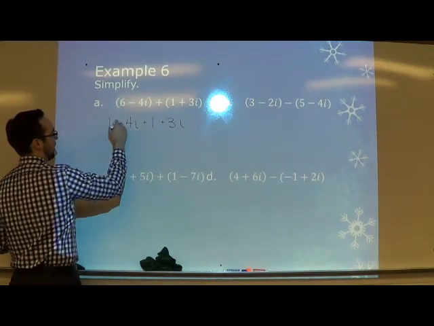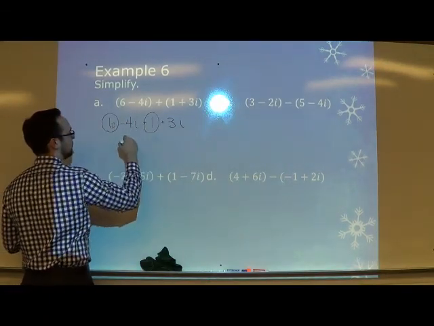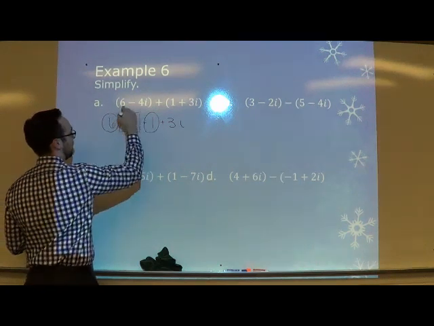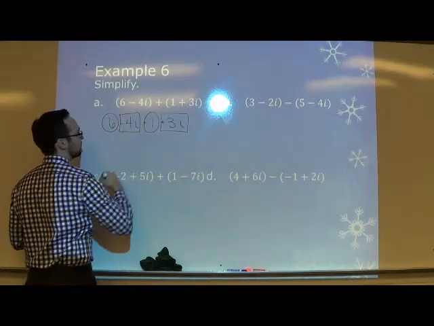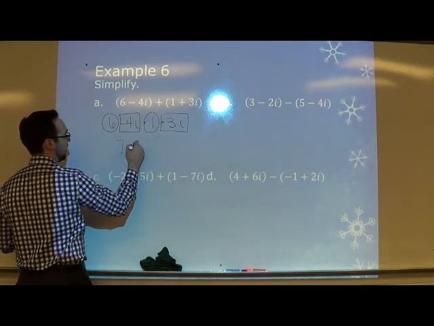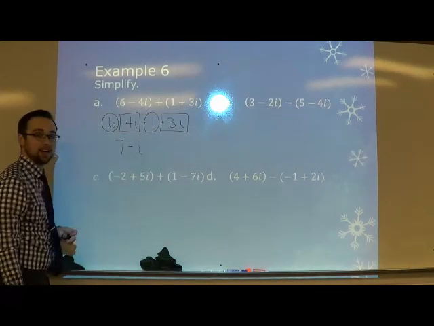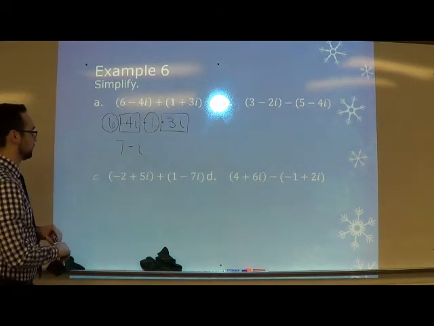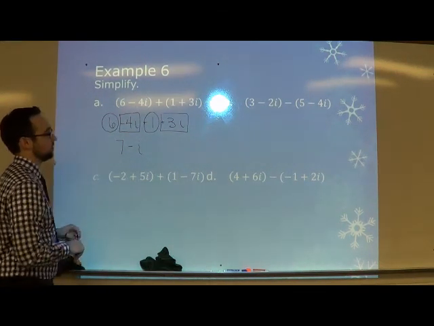Well, 6 and 1 are the same. Then I have negative 4i and 3i. 6 plus 1 is 7. Negative 4i plus 3i is negative i. And that's my final answer.